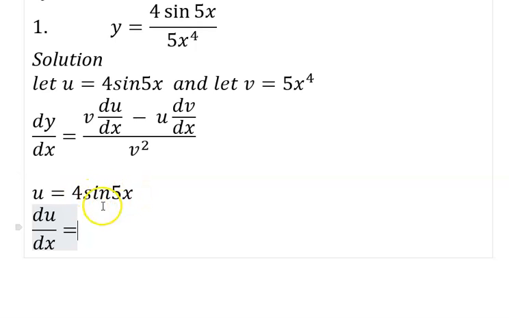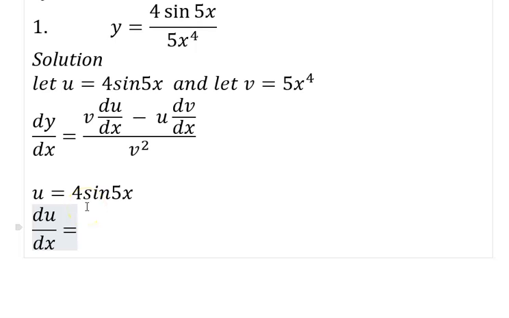Now, if you remember, in our last video, we explained some basic derivatives. For example, if you differentiate sine ax, it will give us what? A cos ax. If you differentiate sine ax, it will give us a cos ax.